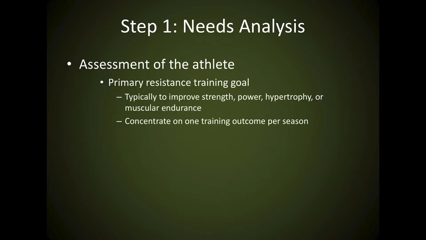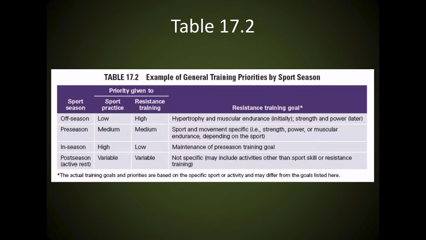And the same thing with if someone's trying to increase power, their overall strength should increase as well. Not always, but should. But with the muscular endurance, that one's going to be a little bit more difficult, mostly because depending upon the type of training, they may get fatigued a little bit too quickly if they're really just focusing on strength. Now, table 17.2, we've got an example of the general training priorities by the sports season.